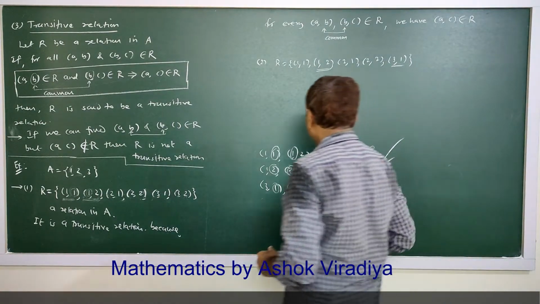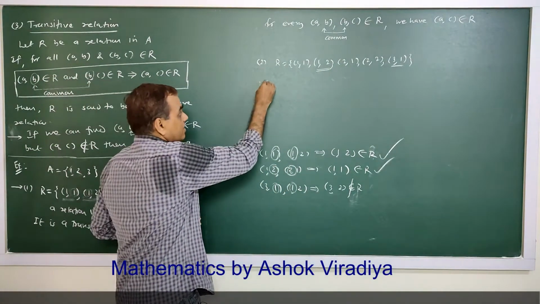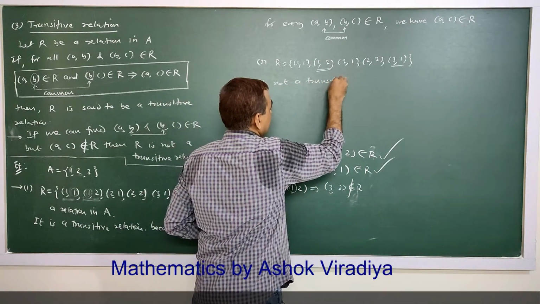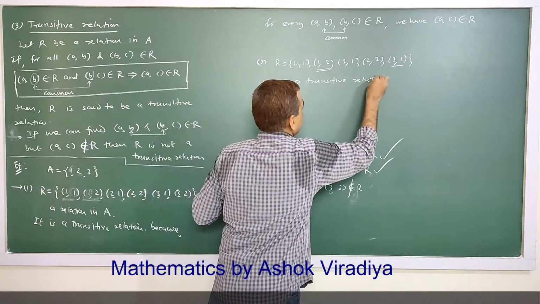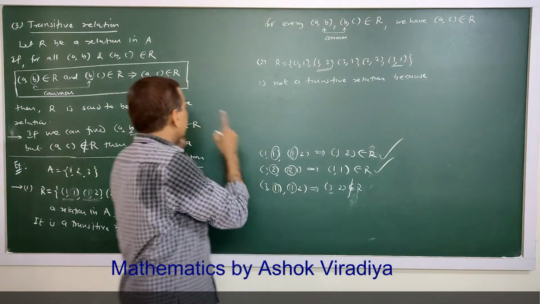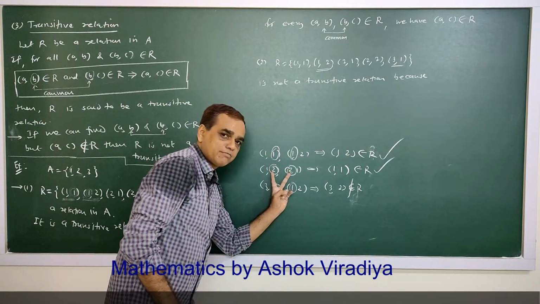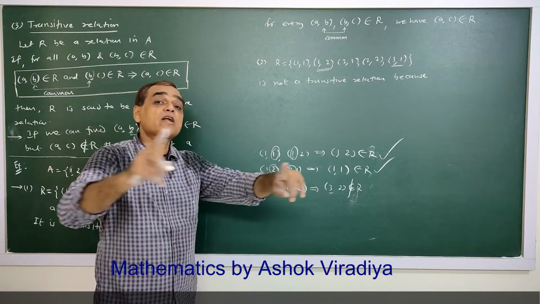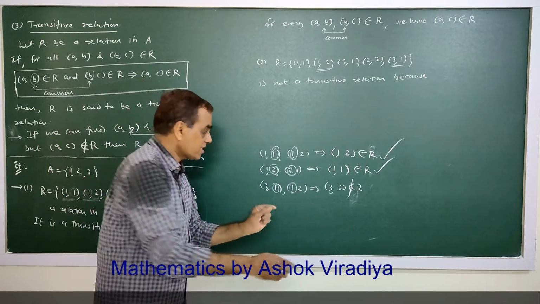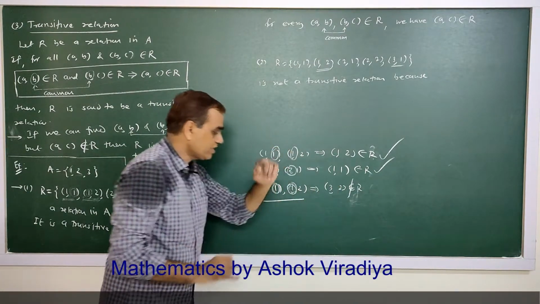So here we put a reason. R is not a transitive relation because the condition is true for a few pairs of elements but not for all pairs in which B is in common. There exists a pair of elements in which B is in common where the condition is not satisfied.